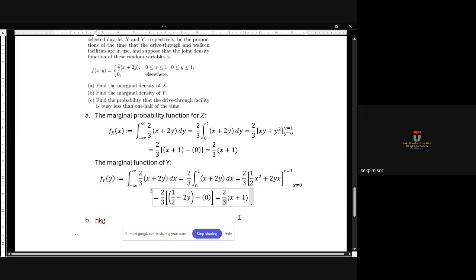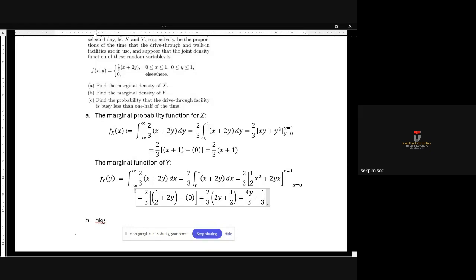And this gives you 2y plus half only. Okay, and you may simplify this to 4y over 3 plus 1/3, right?